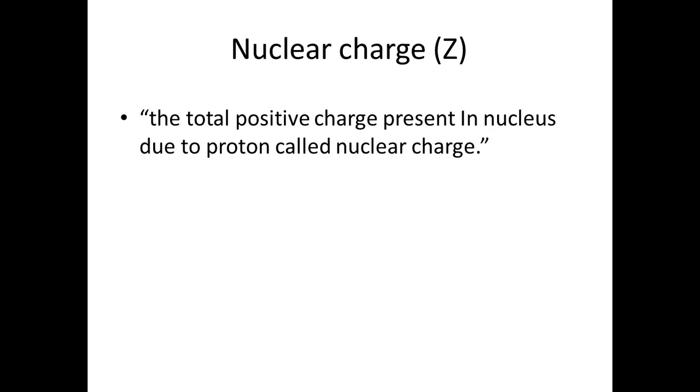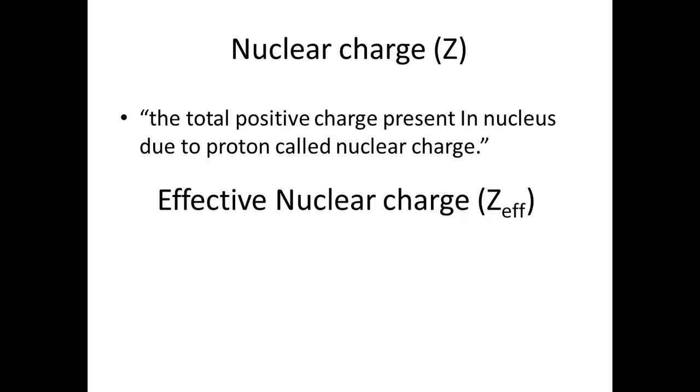So there is another term, that is effective nuclear charge. So what is the basic difference between Z effective and Z? Okay, the nucleus exerts an attractive force on electrons that revolve around it, but actually that electron feels less attractive force from the nucleus.